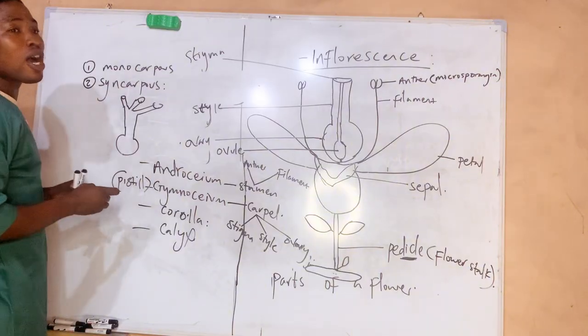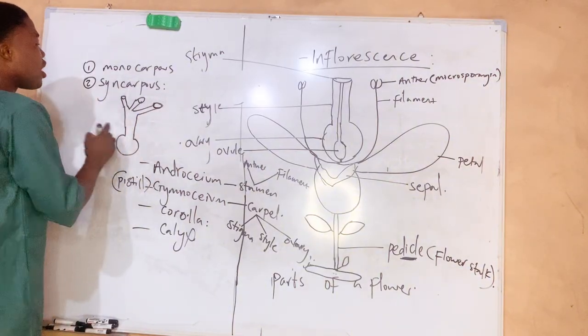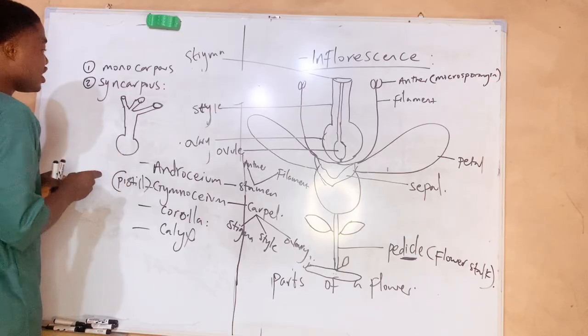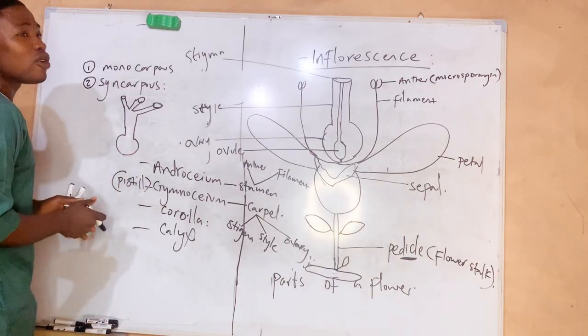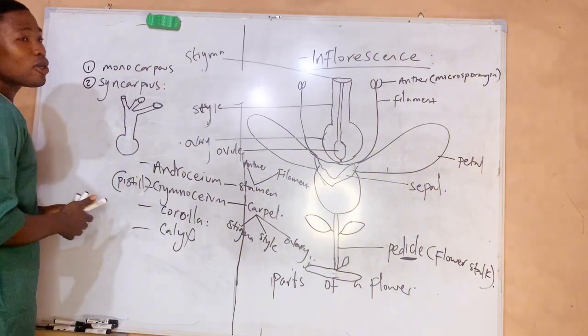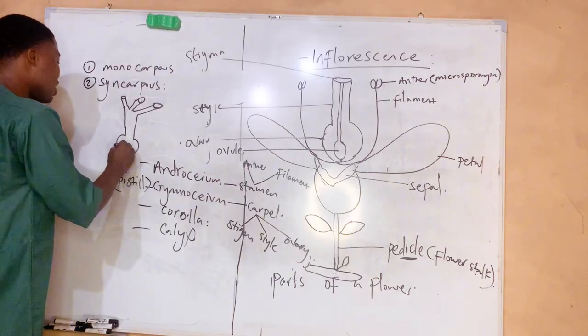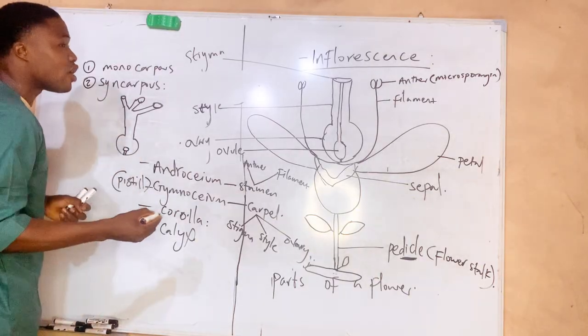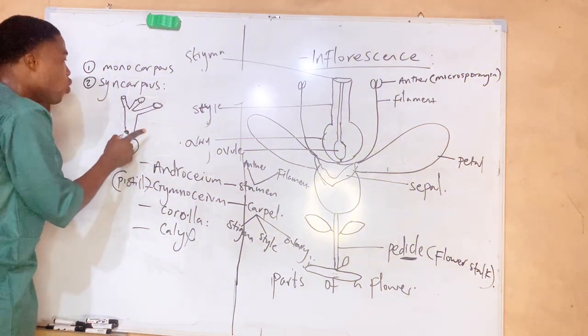So when two or more carpels are fused together in a pistil, such a pistil is said to be syncarpous. A syncarpous pistil could be one-seeded, two-seeded, or three-seeded, but in most cases they are one-seeded. Why? Because it has a single ovary.